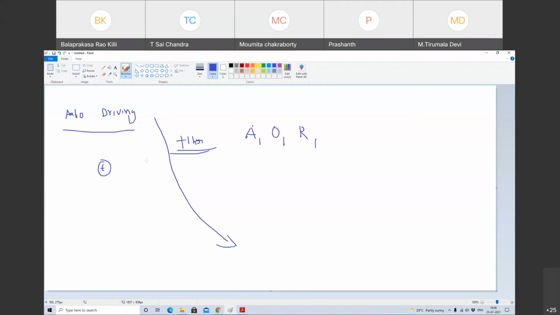Let us say for every 1 second, assume that t is 1 second, the agent has to pick an action. Now, 1 hour means 60 times 60, which is 3,600 seconds. So 3,600 observations, 3,600 actions, 3,600 rewards.